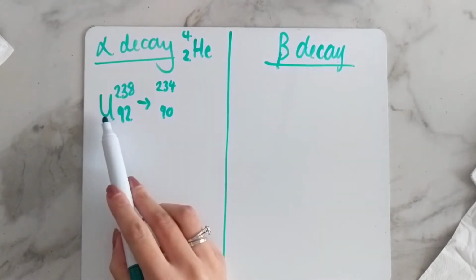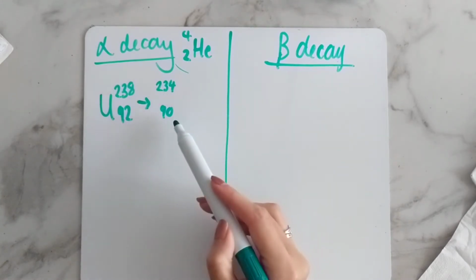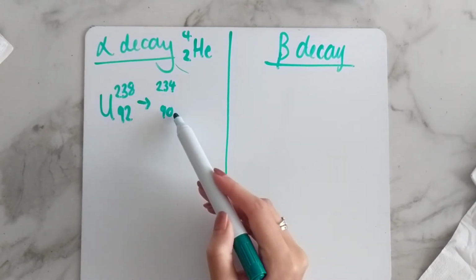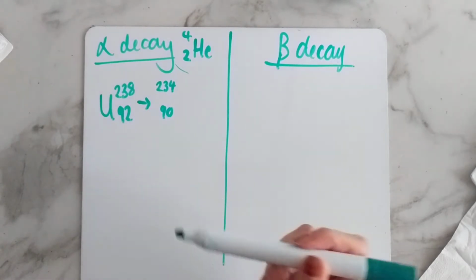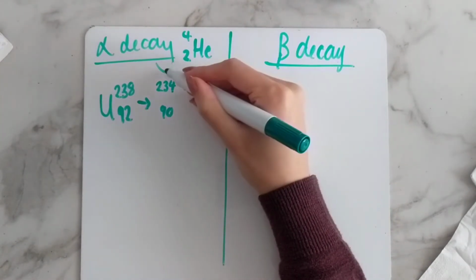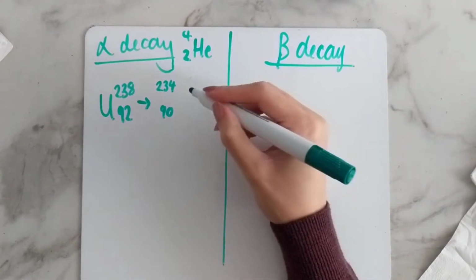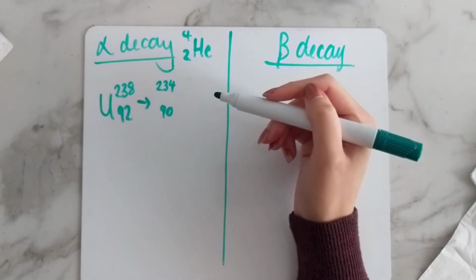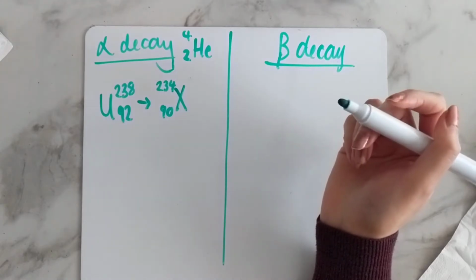So when uranium 238 has lost an alpha particle, i.e. a helium nucleus, it turns into a different element, having minus 4 from the top and 2 from the bottom. Now, the question may either tell you what it turns into, or you may have to find it on the periodic table, an element with those two numbers, or the question might just say it's called X.